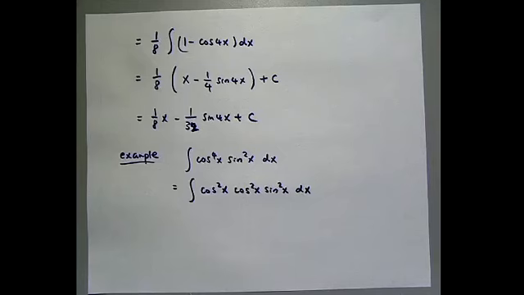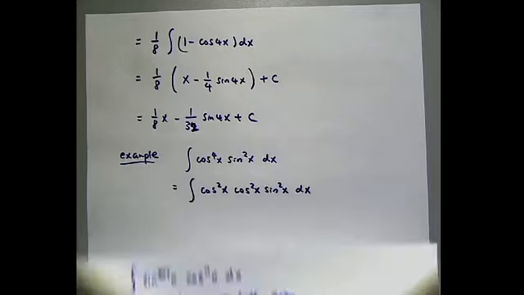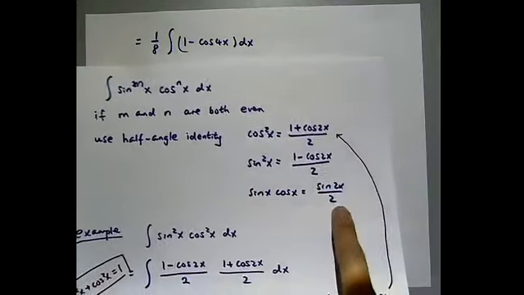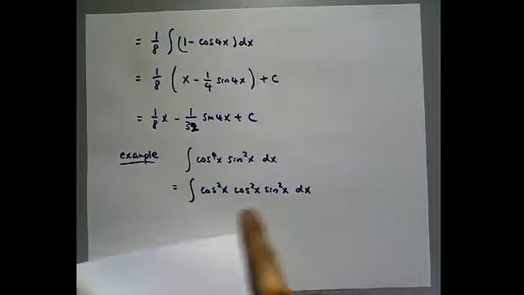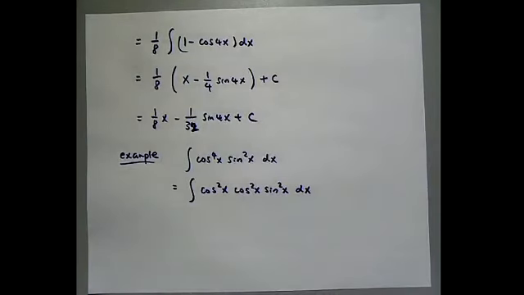So one way here is to break apart that cosine to the power of 4 into 2 and 2. And then I could use this third identity here for the second and the third terms.